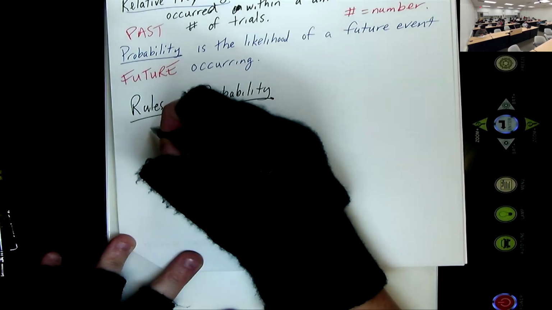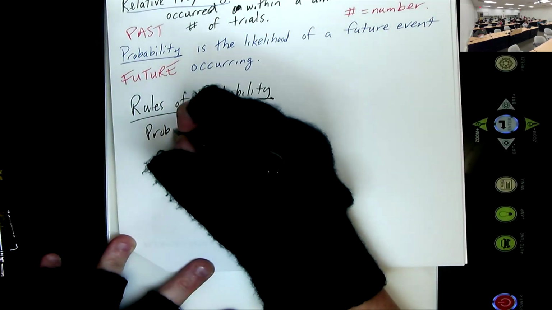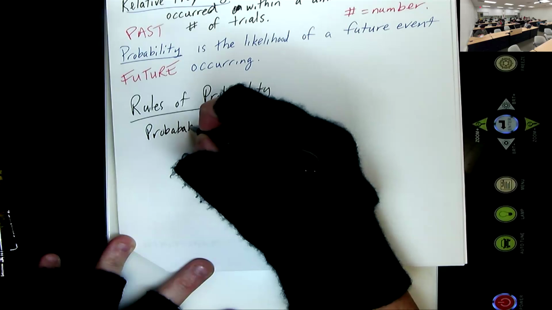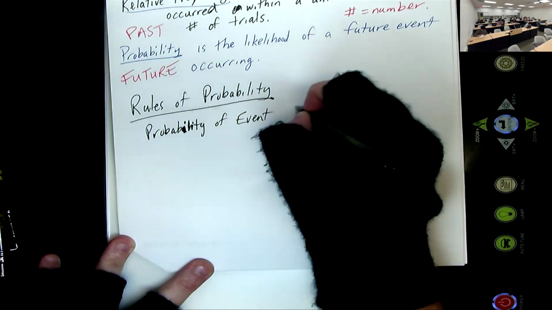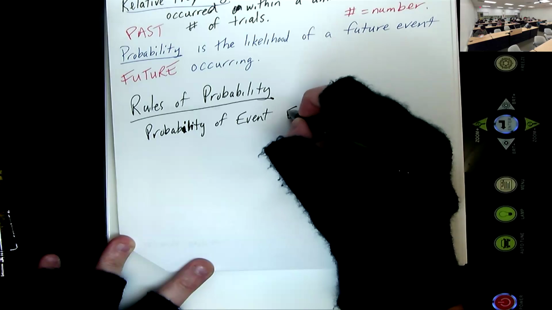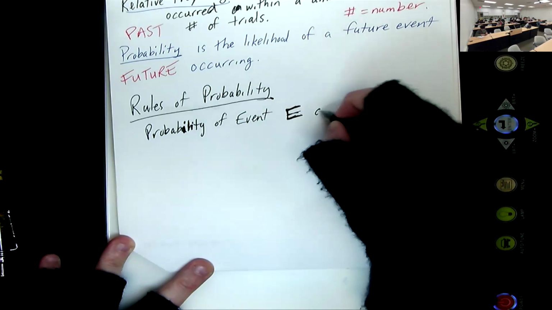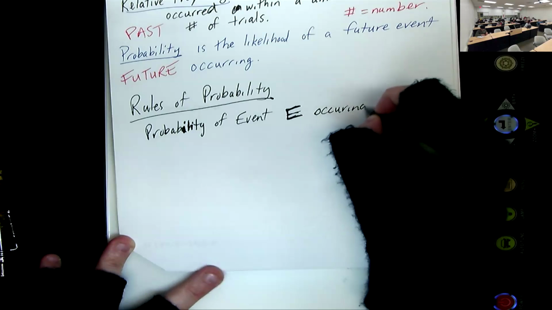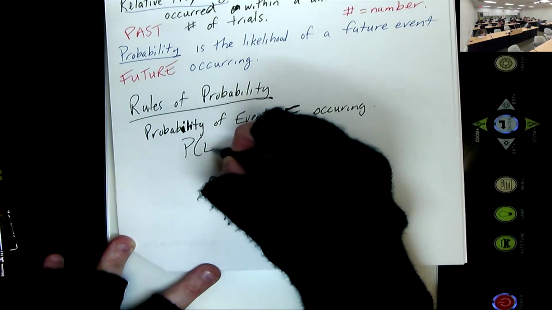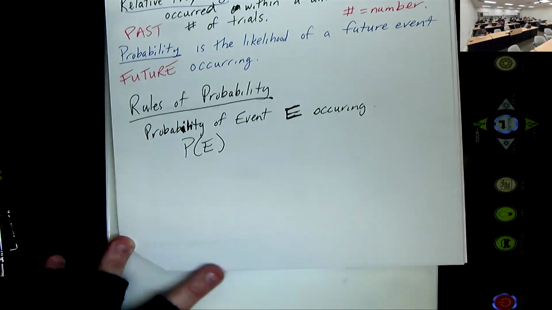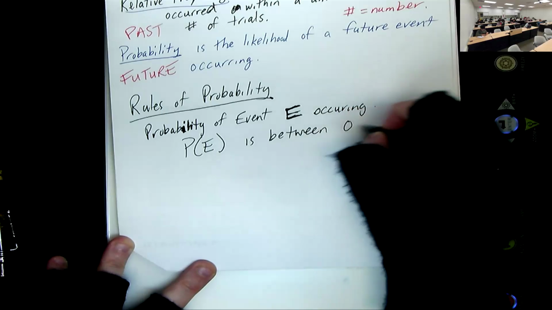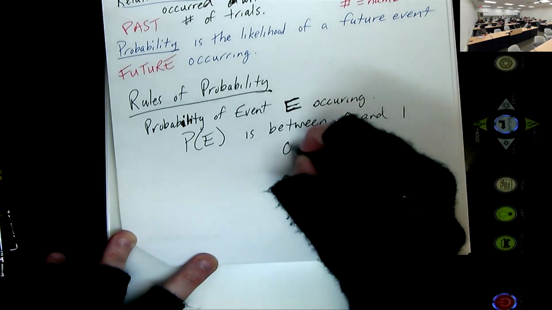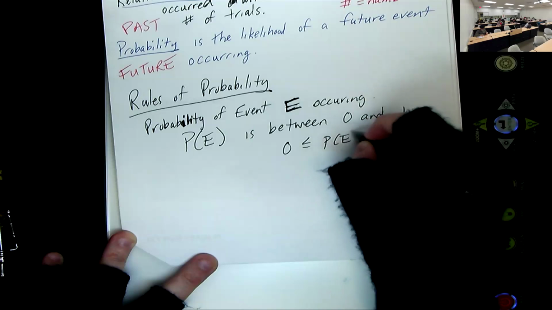So rules of probability. The probability of an event E occurring, we like to use capital E for it, we call P of E. The probability of an event occurring is between 0 and 1. 0 is less than the probability of E, which is less than what?